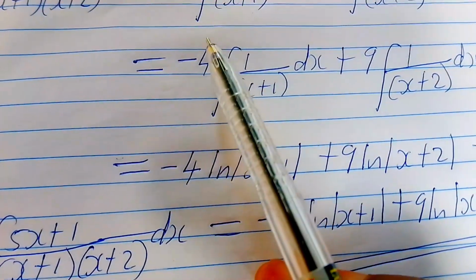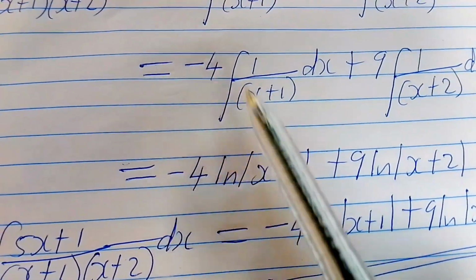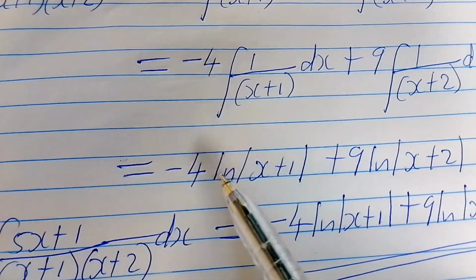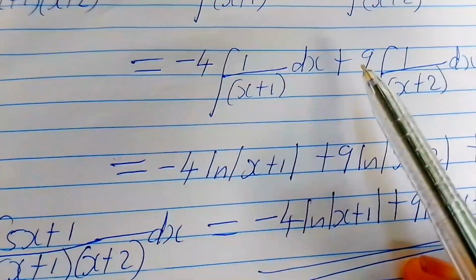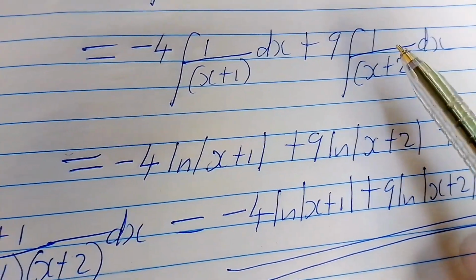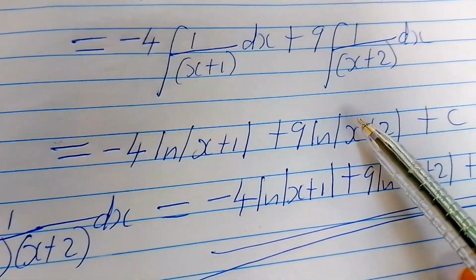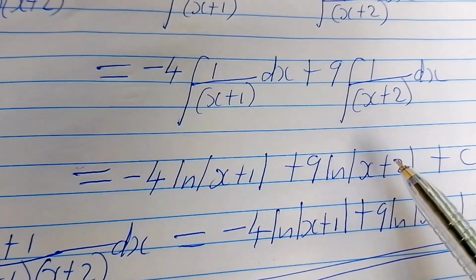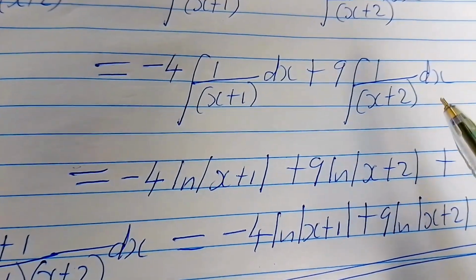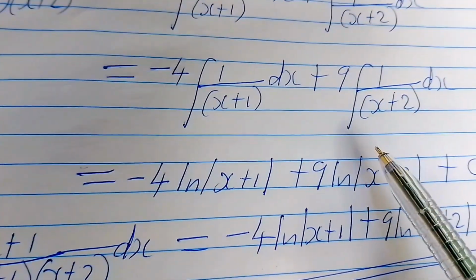But this was multiplied by minus 4, so we have minus 4 multiplied by ln of x plus 1, then plus, coming to the second one, the integral of 1 over x plus 2 is going to give us ln of x plus 2, because by the method of integration we know that the integral of 1 over x is ln x.